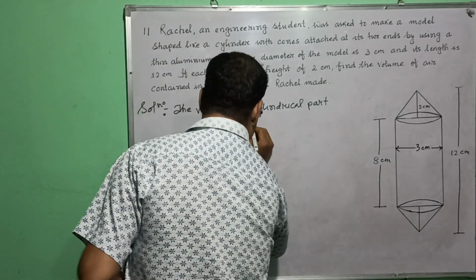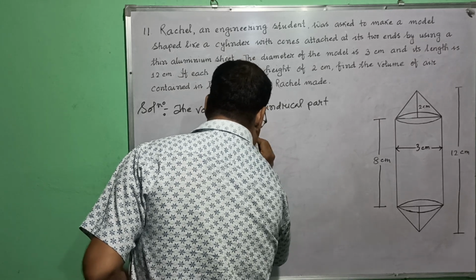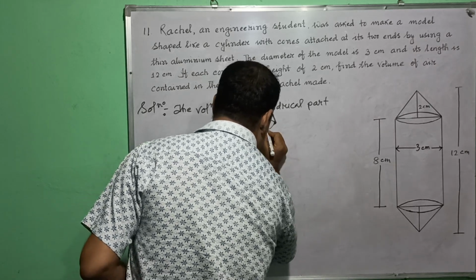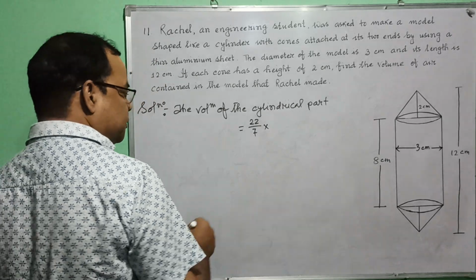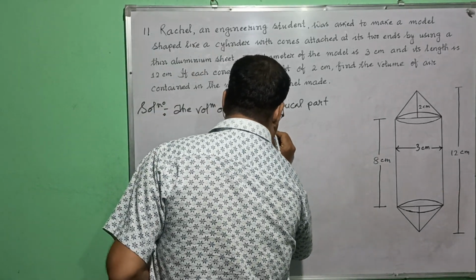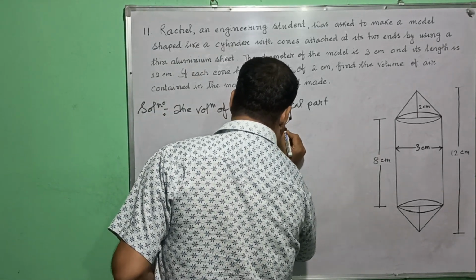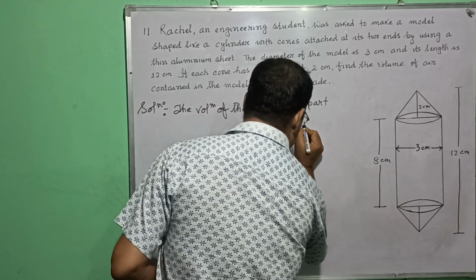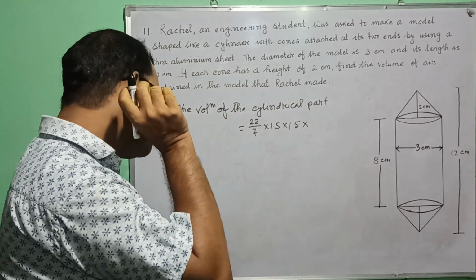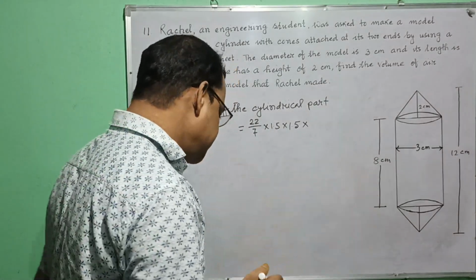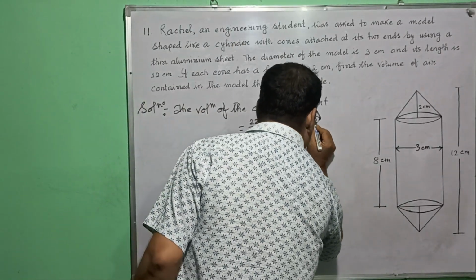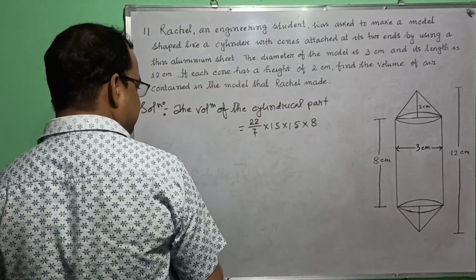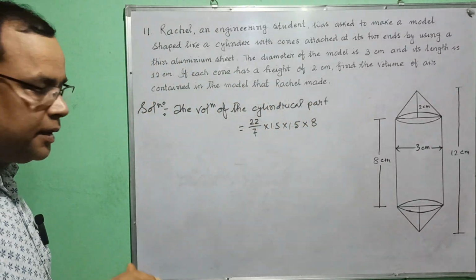So we'll write pi, directly we can put the value into r. r is 1.5, so we'll write 1.5 into 1.5, pi r square, into what is the height? We already found it, 8 cm. So we'll use 8. So this is the volume of the cylindrical part.